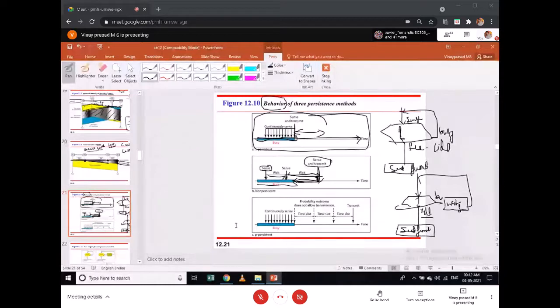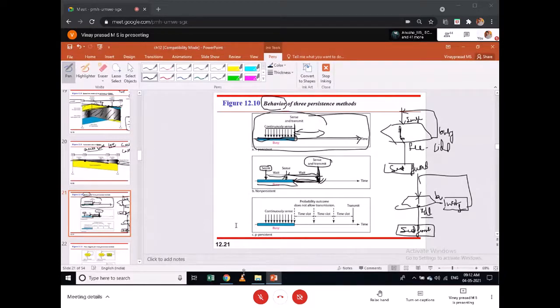They were waiting, and again at some point they will sense. But before that the channel had already become idle, so we were not knowing it. The efficiency will be reduced, but the collision will be less. In one persistence, the collision will be more, and the efficiency of utilizing the link will be more.